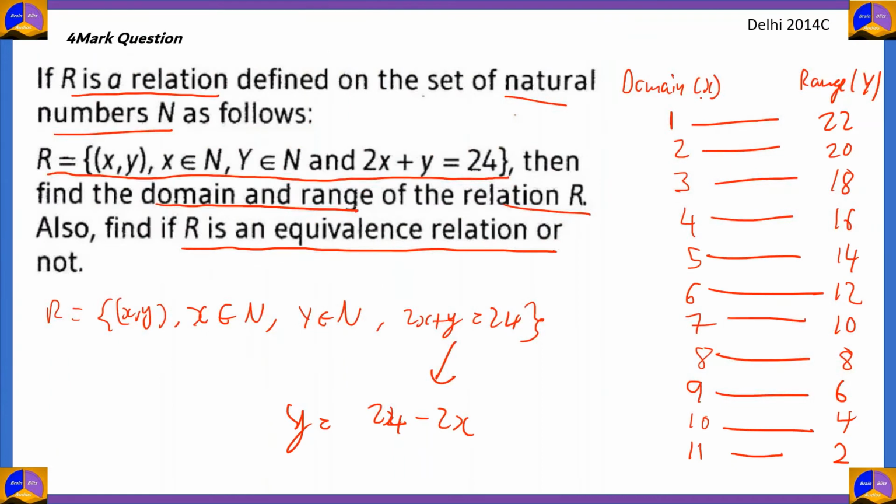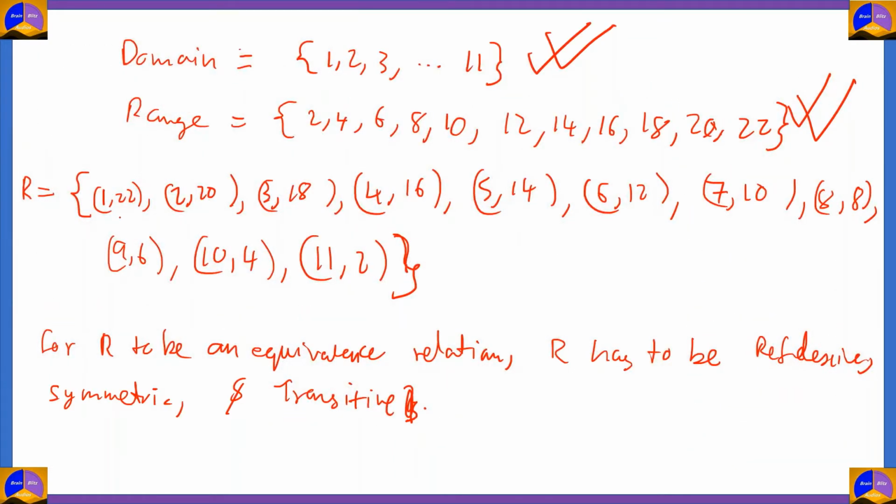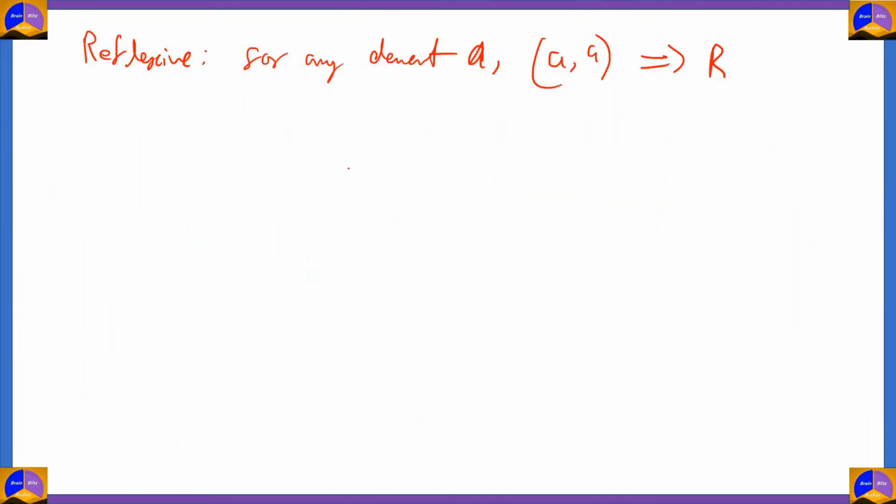For a relation to be reflexive, we need to prove that for any element A, the element A comma A belongs to the relation R. So when we look at the element 1, we find that in the relation R, there is no element 1 comma 1.